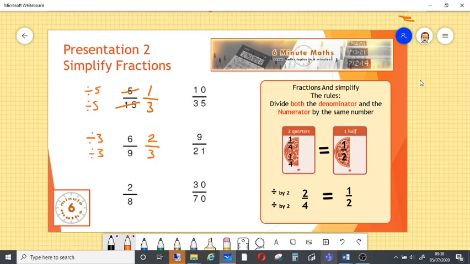The bottom one, even numbers, divide by 2. 2 into 2 goes once, 2 into 8 goes 4 times, so it's a quarter.